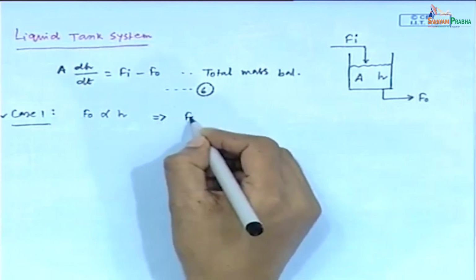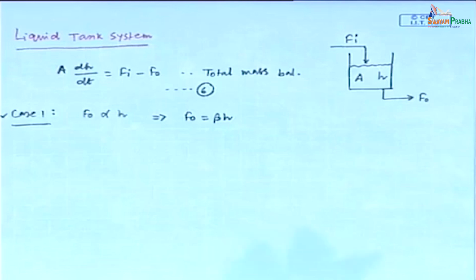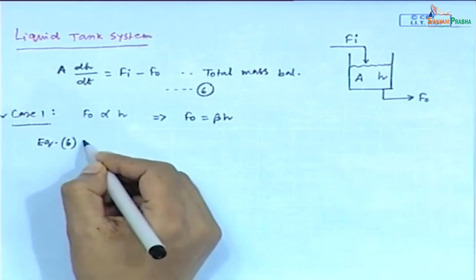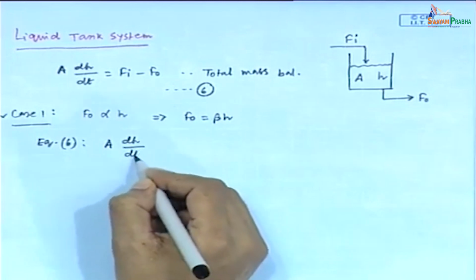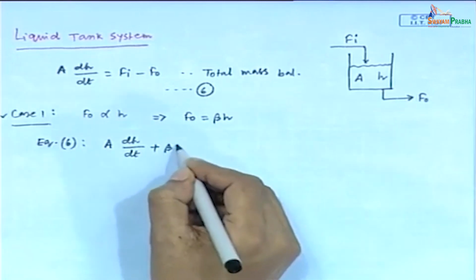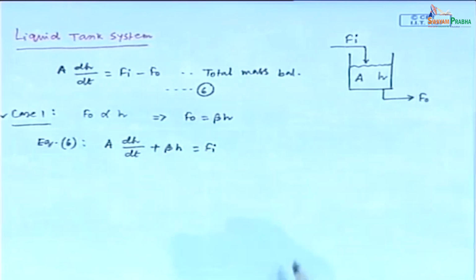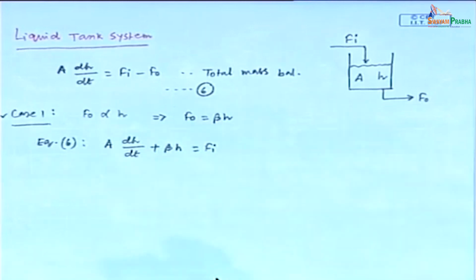That means F naught equals beta H. If we substitute F naught equals beta H in equation 6, then we get A dH dt plus beta H equal to Fi.